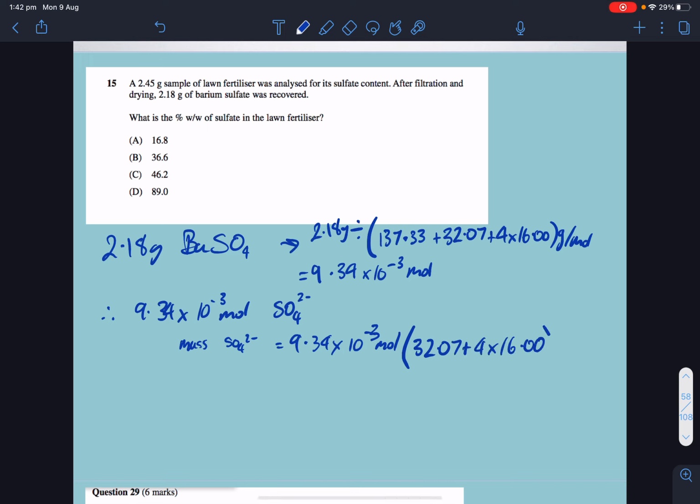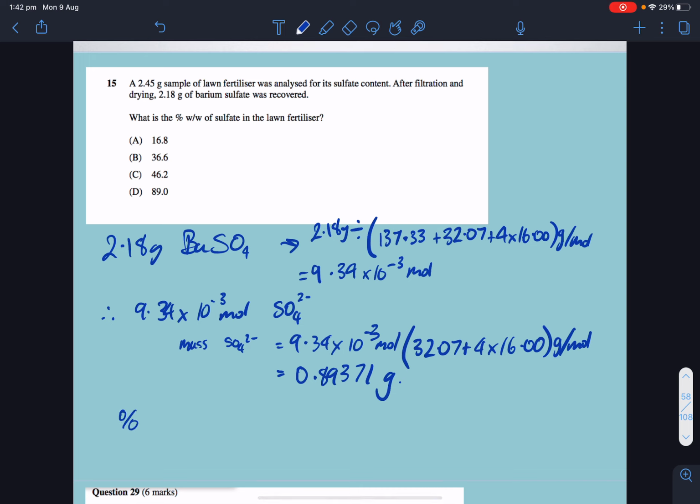I'm sure those mathematical people out there are going, couldn't you just do it like this? Yes, you can, of course, but I'm taking the plodding way. So multiply my answer by 32.07 plus 4 times 16, so I get 0.89371 grams. Okay, so that's the mass of sulfate in the sample.